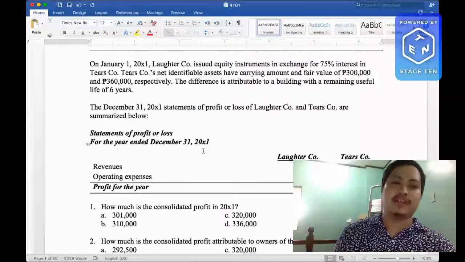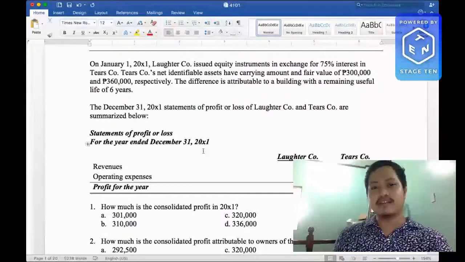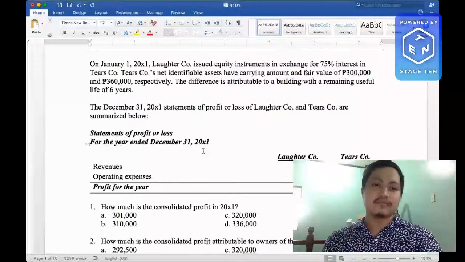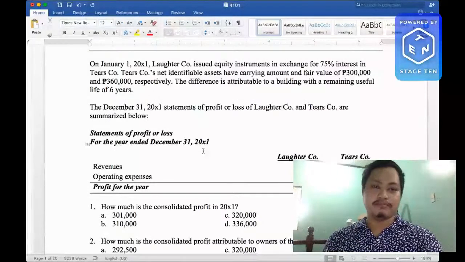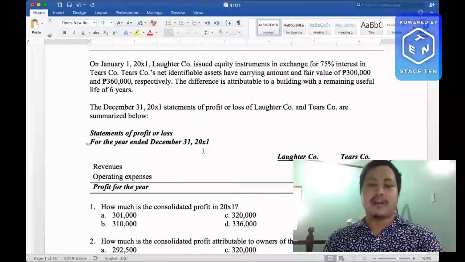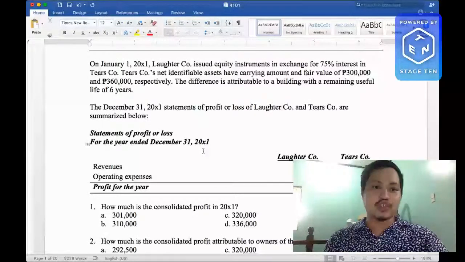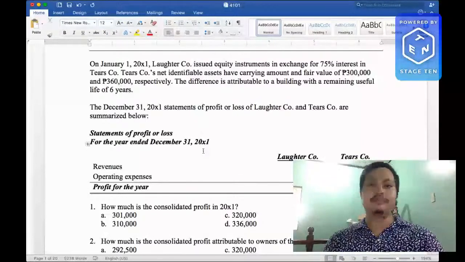Okay, some students would have a hard time understanding amortization of excess. Why is there a need to amortize the excess? The excess here, class, principally comes from the difference in the depreciation expense reported by the subsidiary and the depreciation expense that should be reported as far as the consolidated entity is concerned.